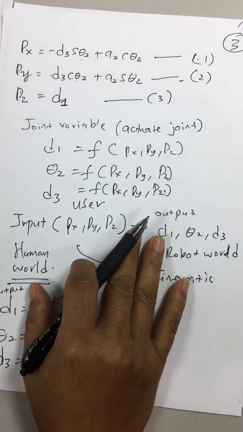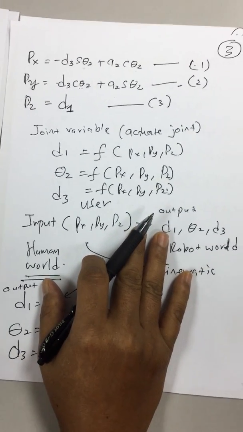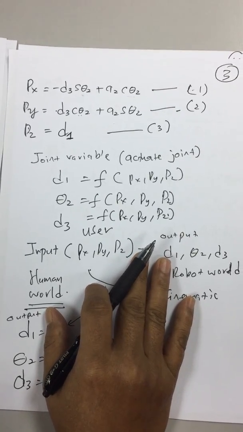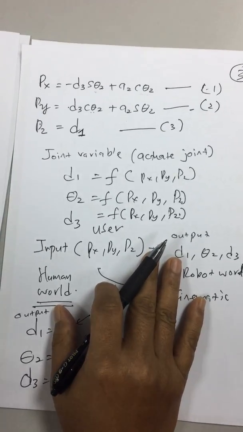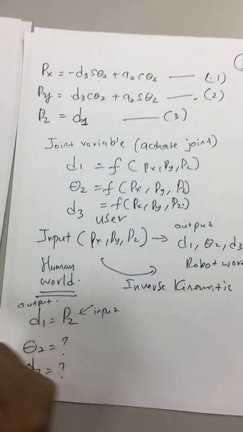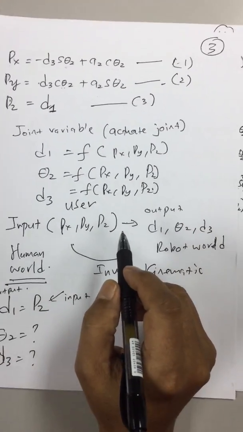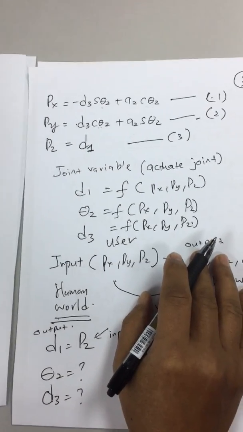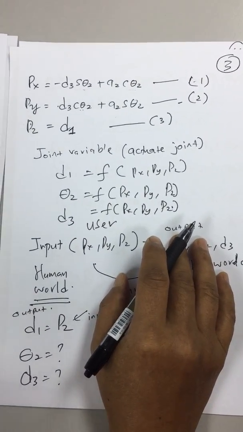Because the first three joints are called the positional joints. Why? Because the positional vector is needed in order to find the individual joint angle using inverse kinematic. That's why the first three joints are called positional joints. You need the PX, PY, and PZ.